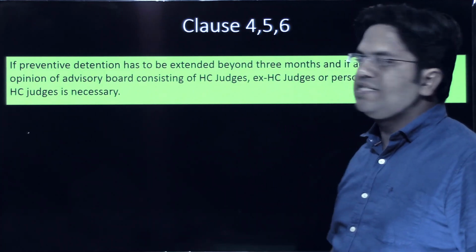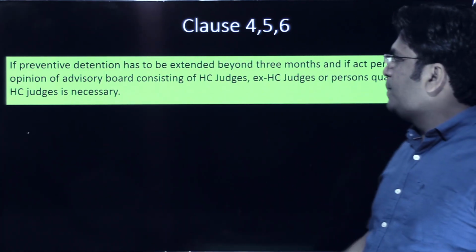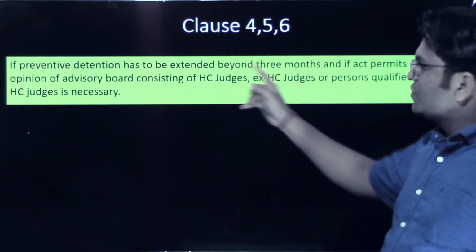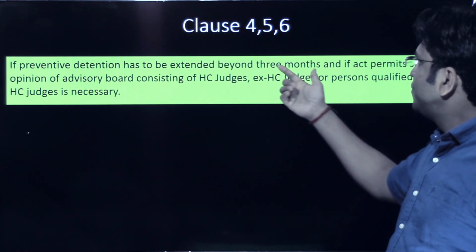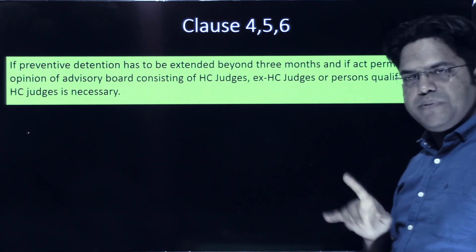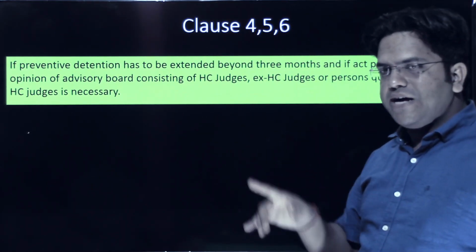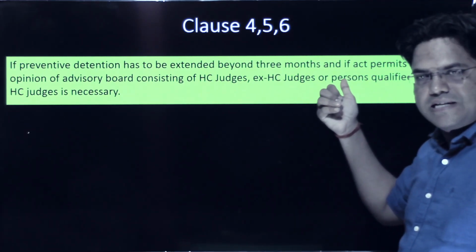Clause 4 reads, if you can see on the screen, if preventive detention has to be extended beyond 3 months and if the acts permit so. Let us break this line and see what is written between the lines. It says that if acts permit so. What does this essentially mean? This means that to have preventive detention, the state needs to come up with an act.